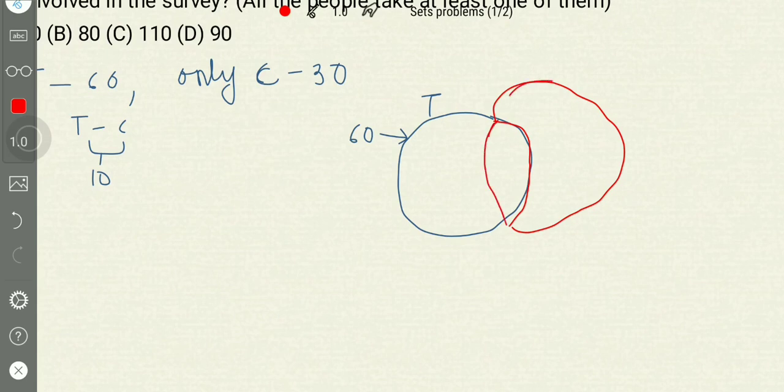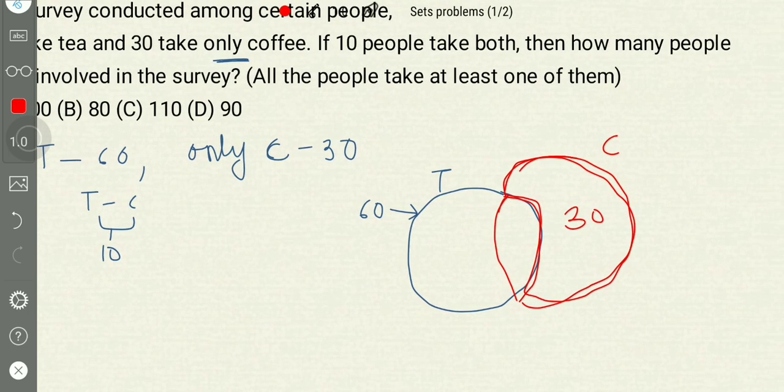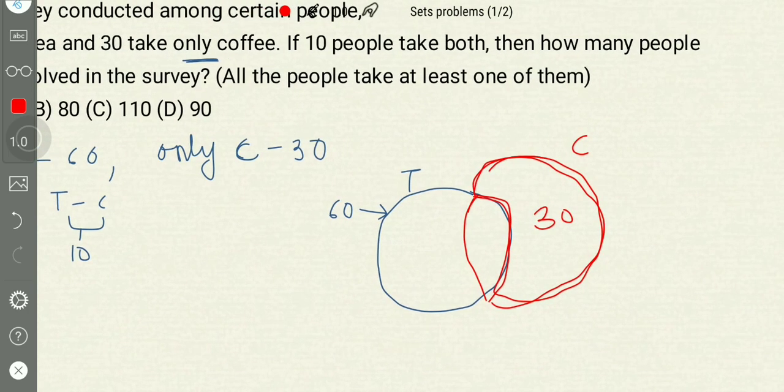This part is only coffee, this one. 30 people, and 10 people take both. This is 10. So this will be inside, it will be 50 because 10 people take both.